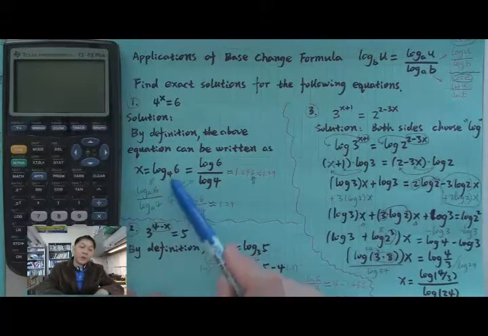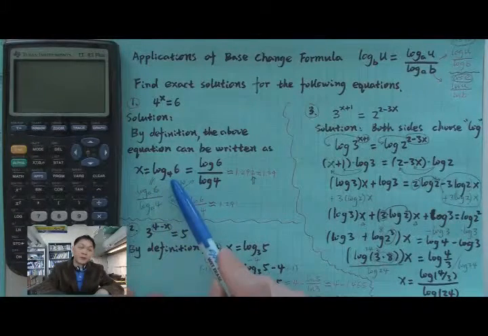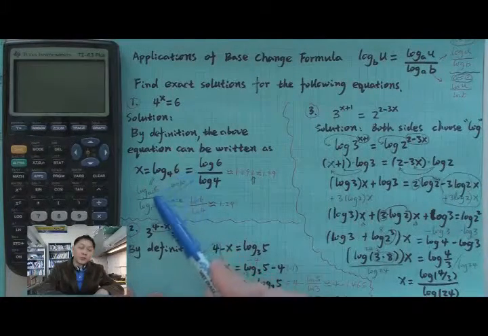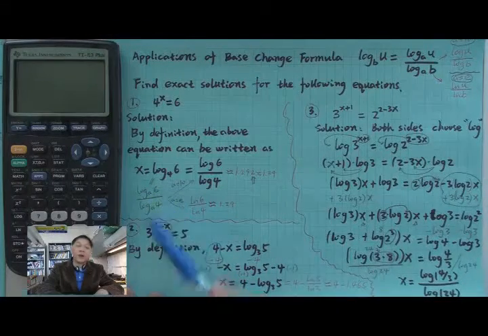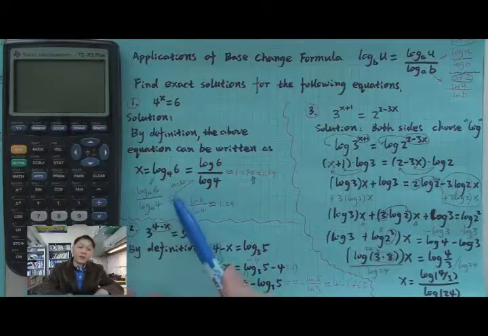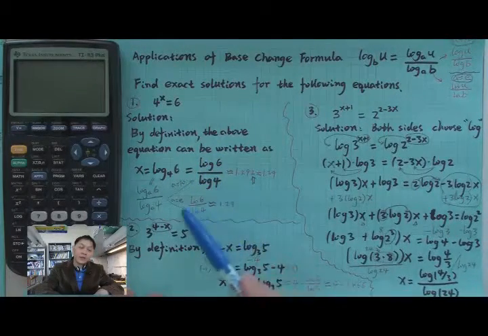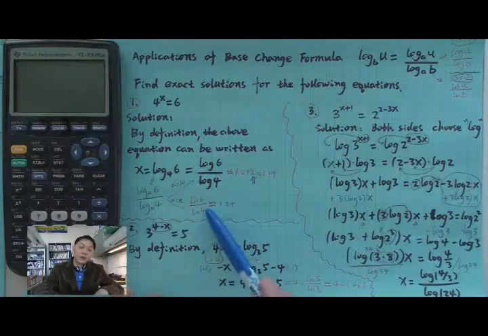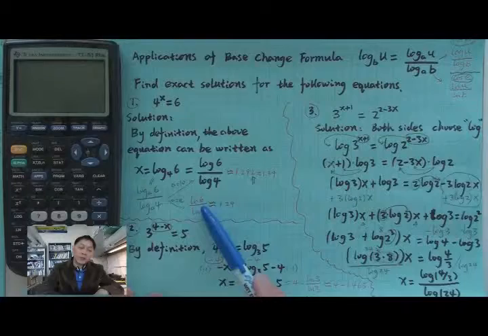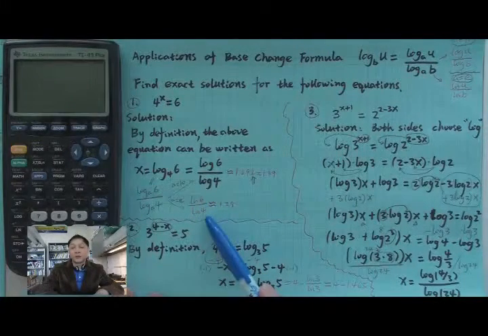Basically, this is the formula. You see, log base 4 to the 6 equals log base a to the 6 divided by log base a to the 4. If a is 10, that's the one you wanted. If a is e, this is the one you wanted: natural log 6 divided by natural log 4.